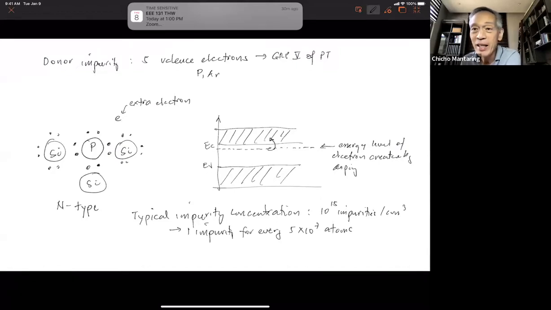That impurity is not going to change the physical properties of the solid. So your physical properties of silicon, if this is silicon, will not change.